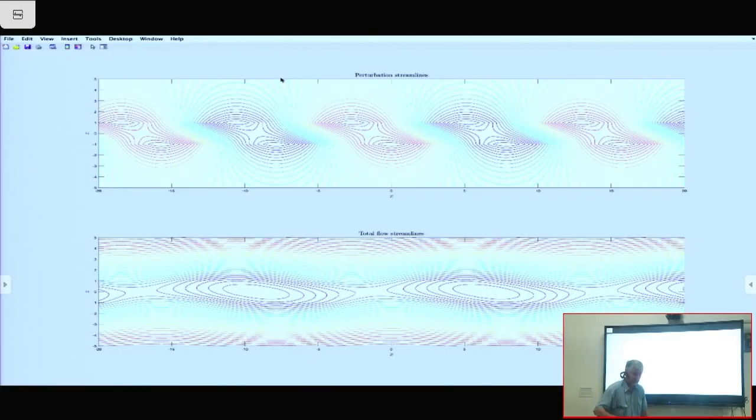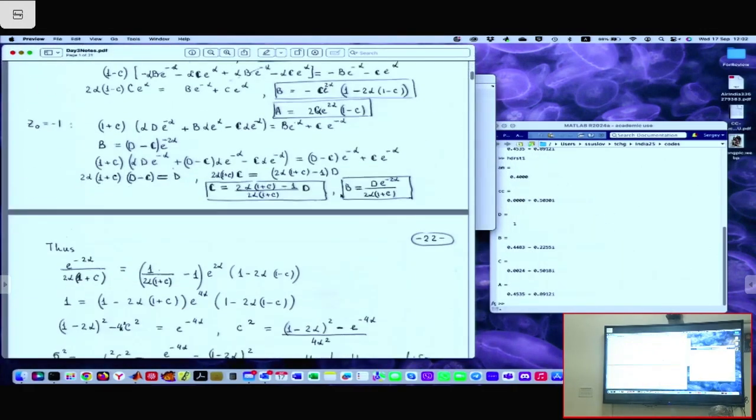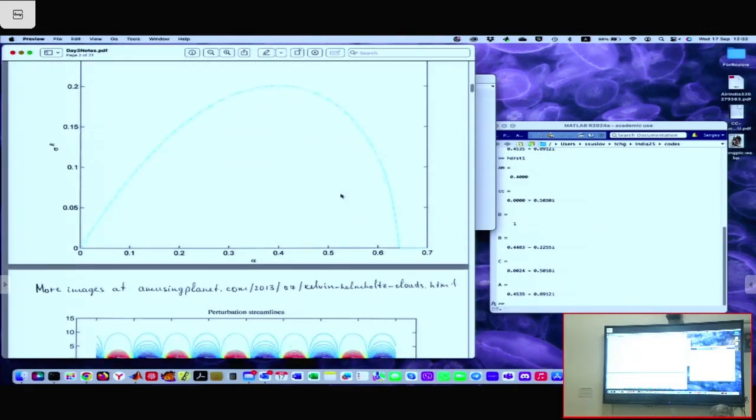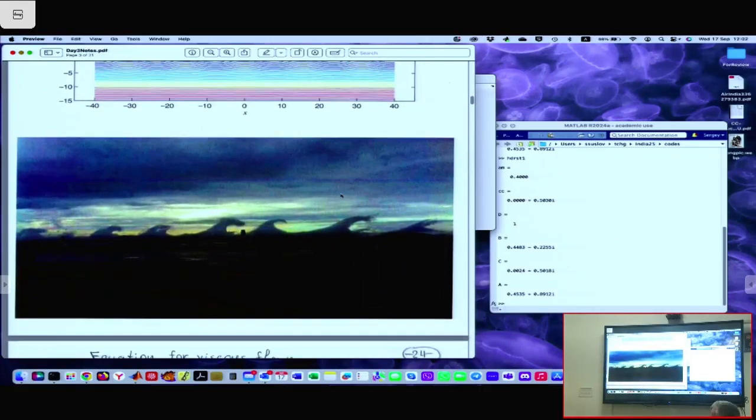And that leads me to another demonstration which I would like to show you. That's just a repetition of the same pictures in your lecture notes. And that's what you see.